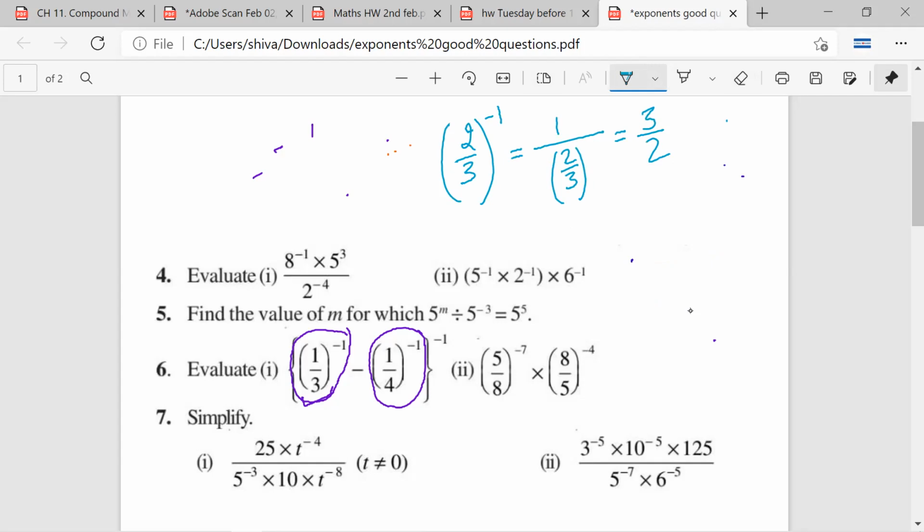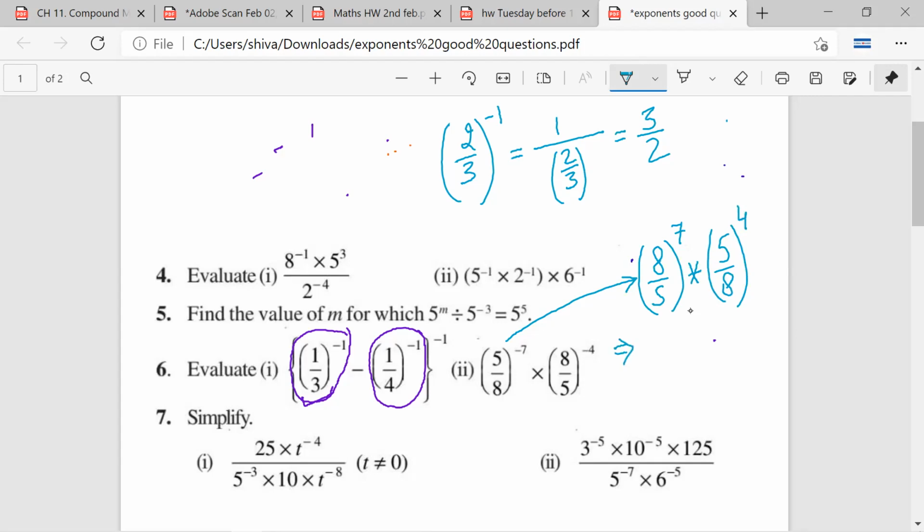So if I have 5 upon 8 power -7, can I write this as 8 upon 5 raised to power 7 into 5 upon 8 raised to power 4? Aishwarya ji, any doubt? No, sir.